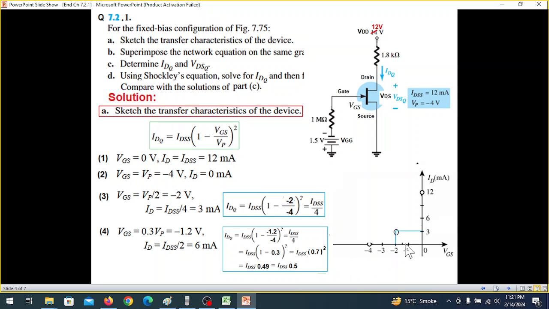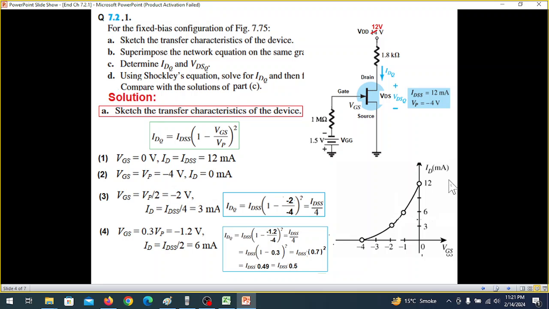And again, putting minus 1.2 and solving, we get ID equal to IDSS into half, that is IDSS divided by 2, which is 6 milliamperes. So 6 milliamperes at minus 1.2 gets our fourth point. Now we can connect all these 4 points to plot the characteristics curve, the transfer curve. So this is the first part done, part A.